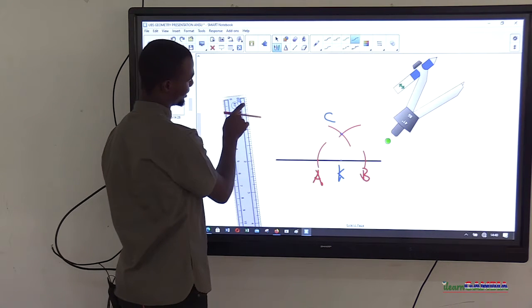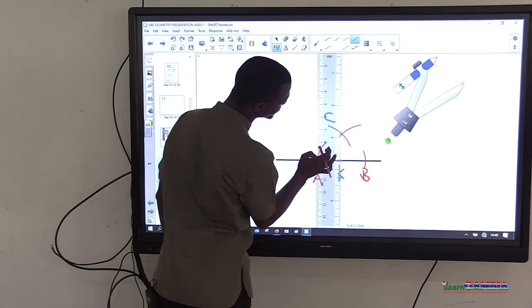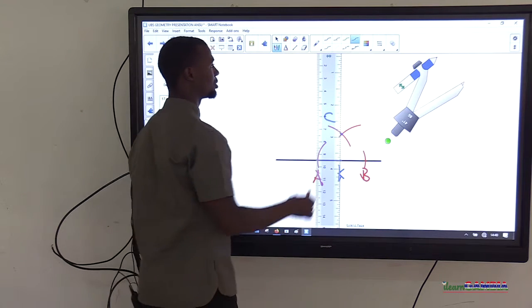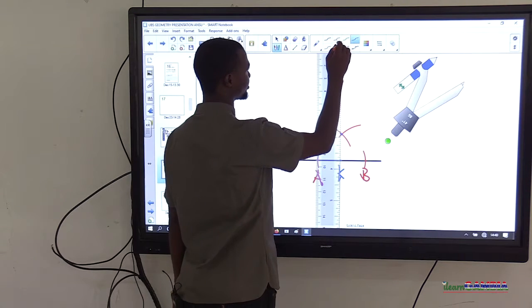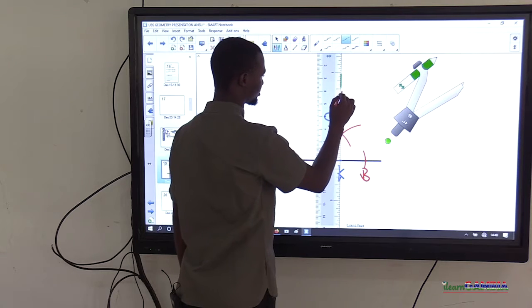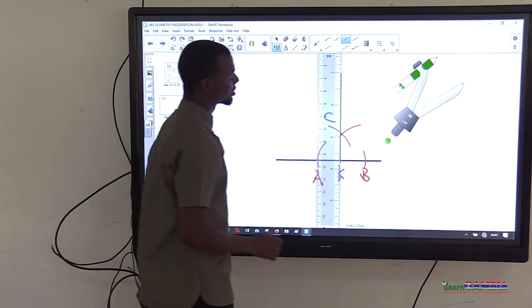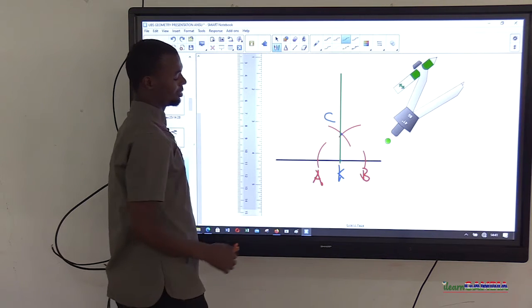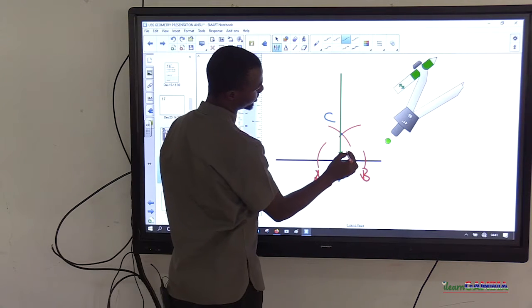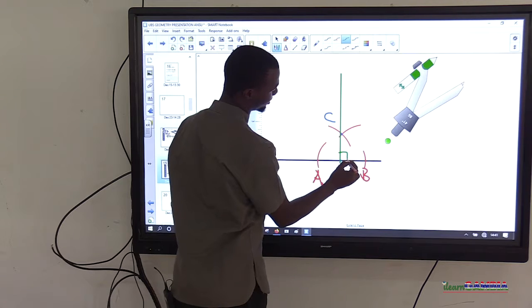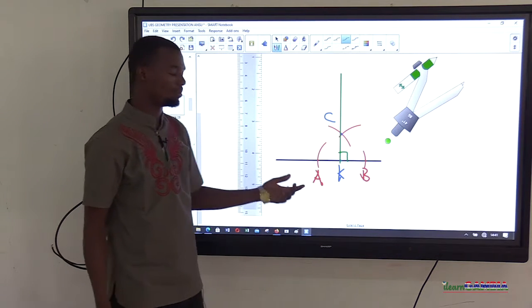So we rotate our ruler to get that. So we draw the line to get the 90 degrees. This line here, the green line, is perpendicular to the line AB.